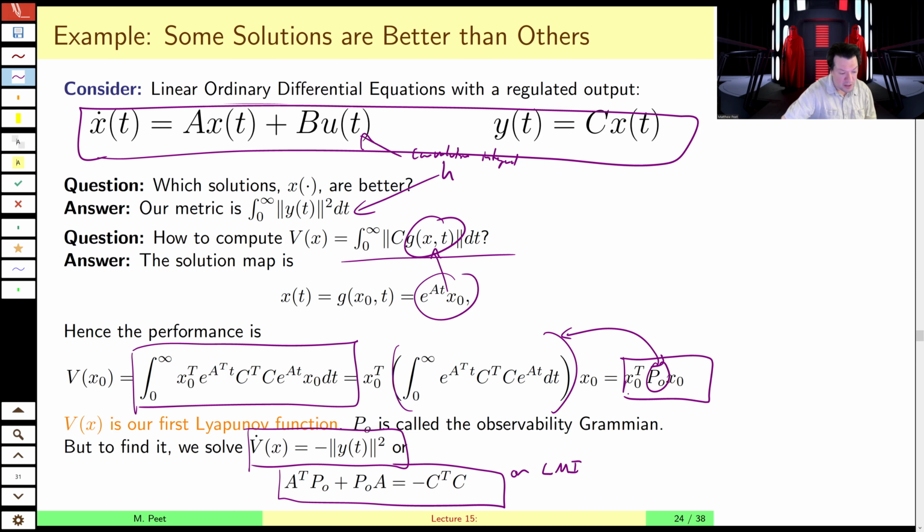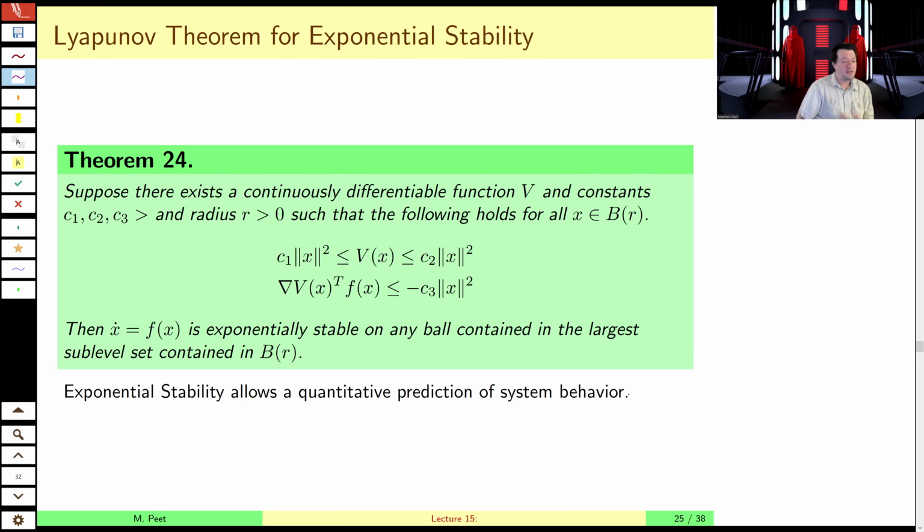Okay, so let's look at one class of Lyapunov functions which establishes a very specific property. The specific property we're going to focus on is the L2 gain, from initial condition to L2 gain of the solution.